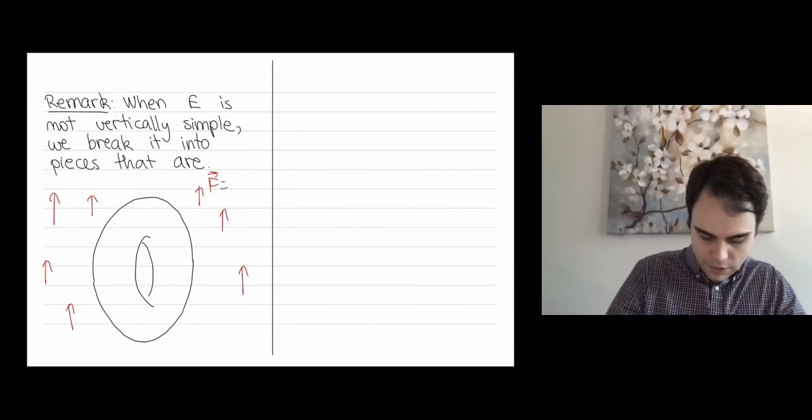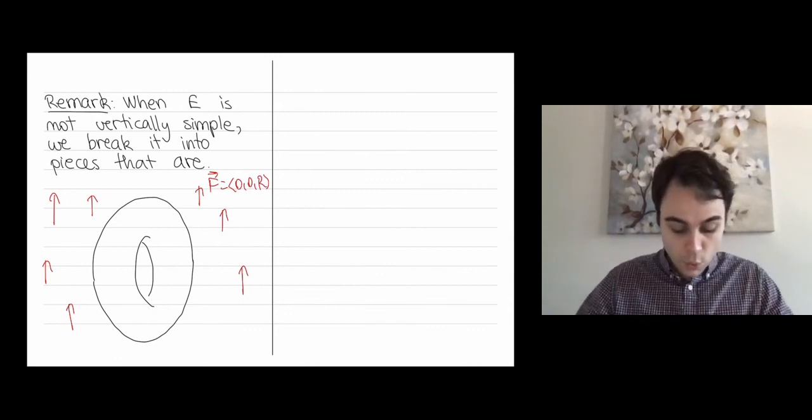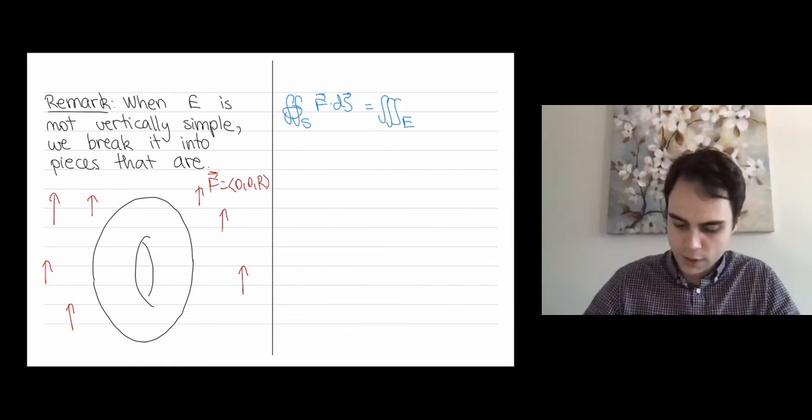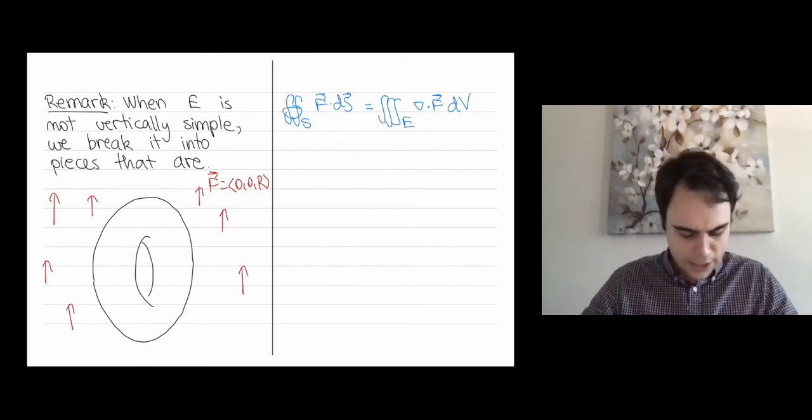So F is going to be 0, 0, R. And we would like to prove the thing we had before, that the double integral over this torus, this surface, of F dot dS, we want to show that's equal to the triple integral over the region inside the surface, inside this donut, the solid donut, of the divergence. Right, this is what we want. And here's how we get there.